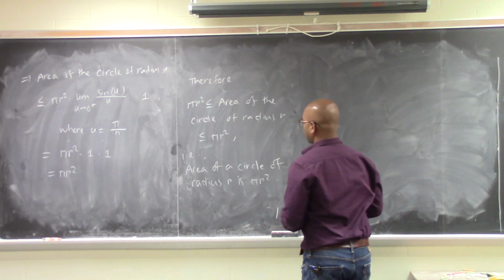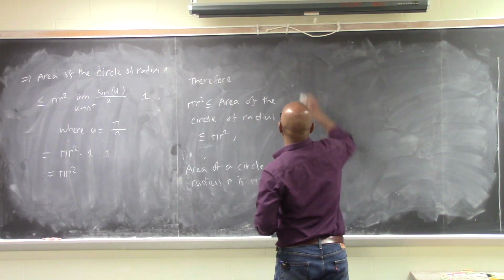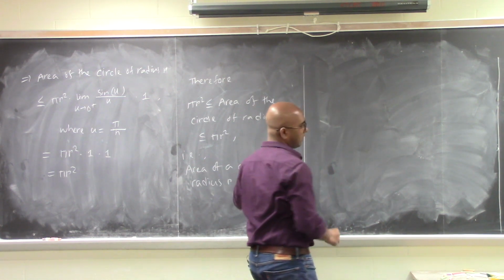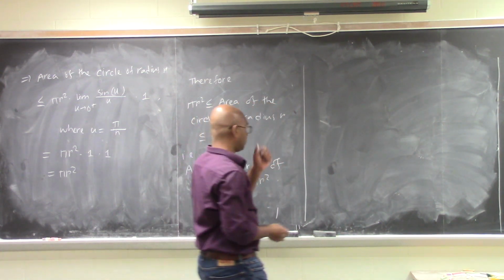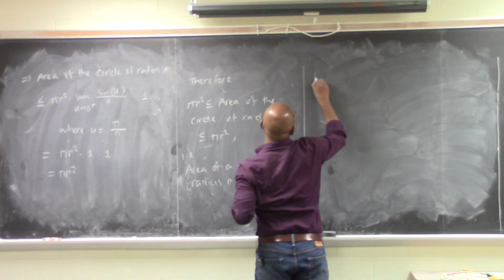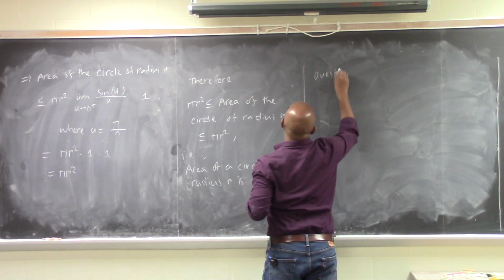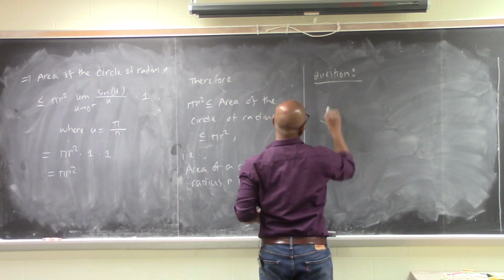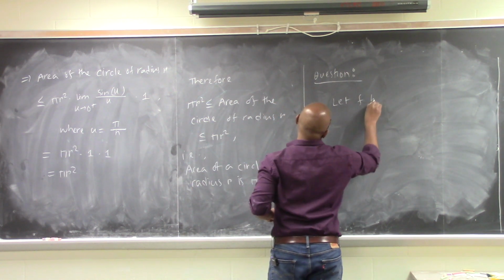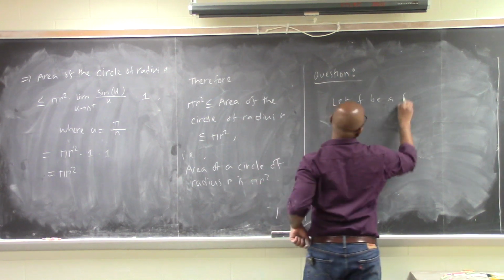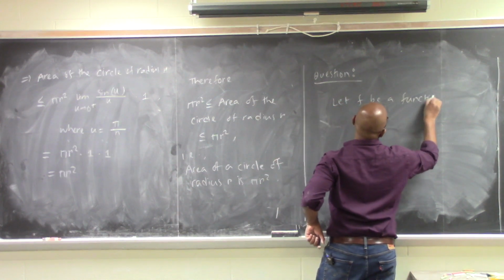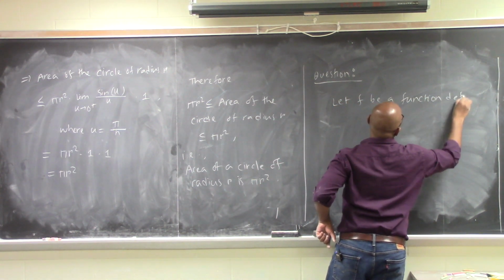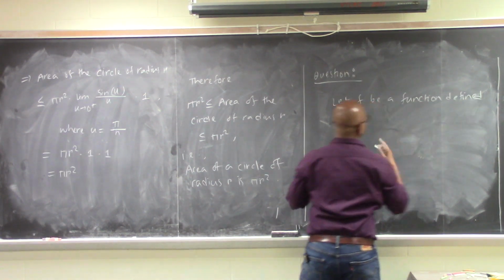So I guess I asked four questions earlier. I answered all of them. So now this question 5. Okay, so question 5. Oh, let's not number this thing. Okay. Let f be a function defined on a closed bounded interval.